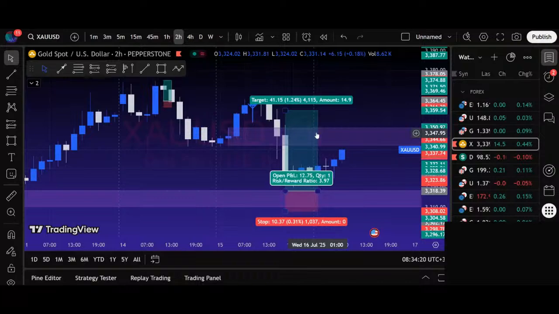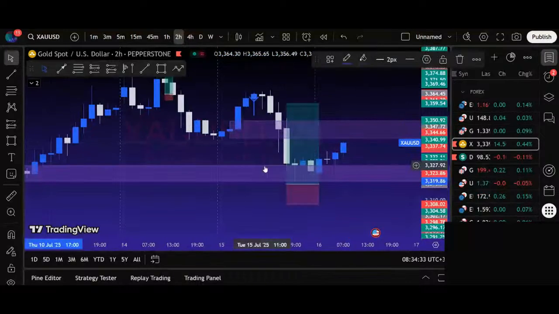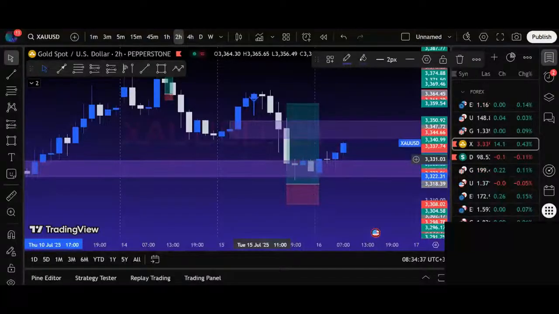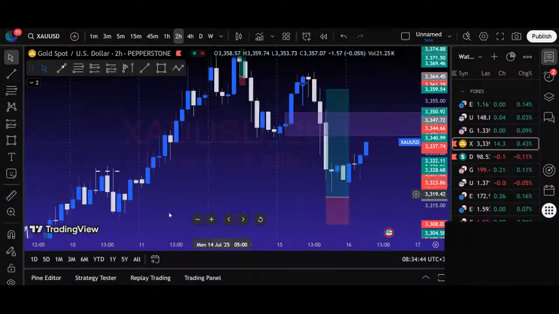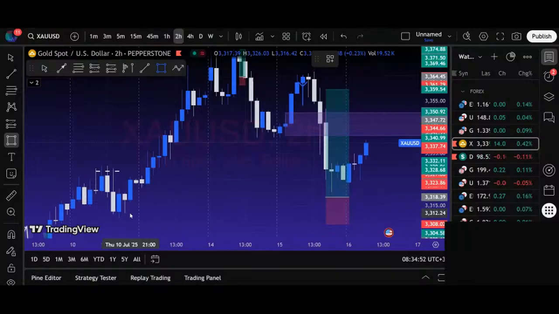Then the demand zone is around 33.10. Okay, the demand is that candlestick. No, wait, the demand zone is lower. 33.10, 33.00, let me see. It must be somewhere here.